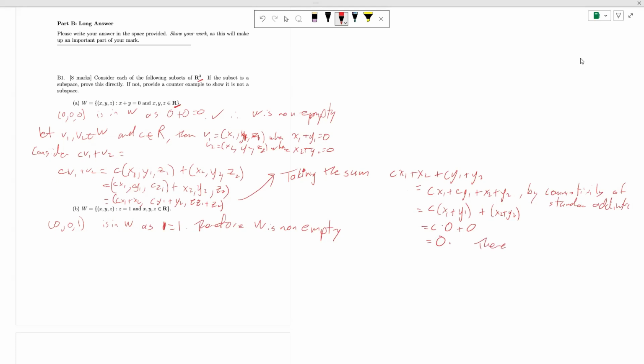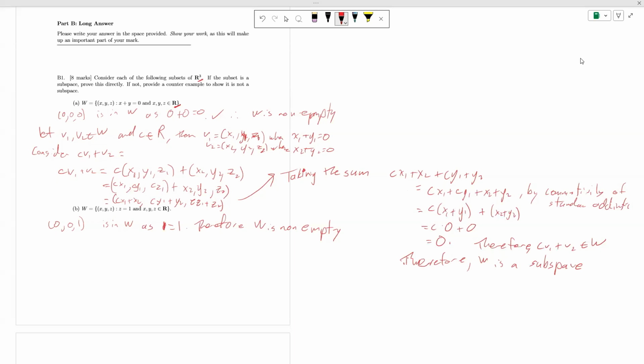Therefore, CV1 plus V2 is in W. Therefore, W is a subspace.